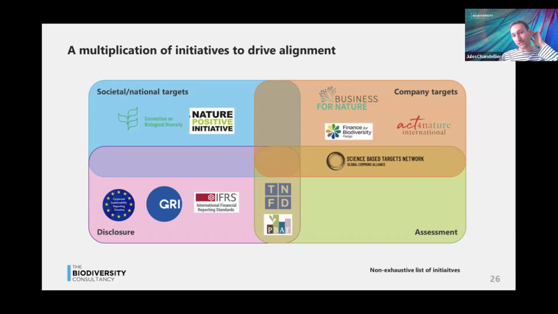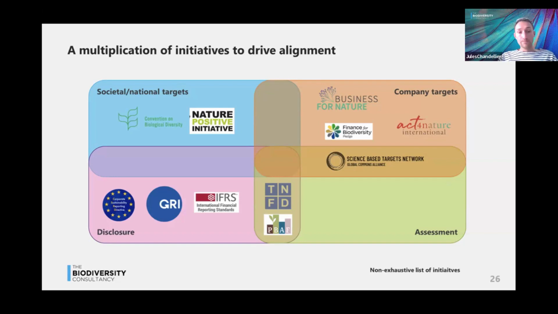You have the Global Biodiversity Framework, which has some objectives at the scale of the world on where we should go and what we should do for biodiversity. Then we have another initiative, the Nature Positive initiative, which is trying to gather as many organizations, individuals, NGOs and civil society together to frame a nature positive future for everyone.